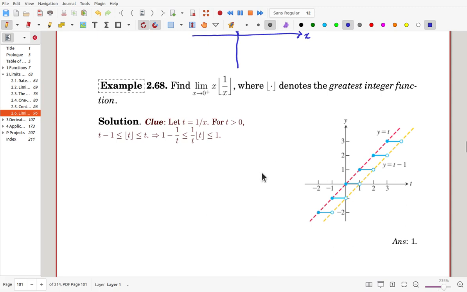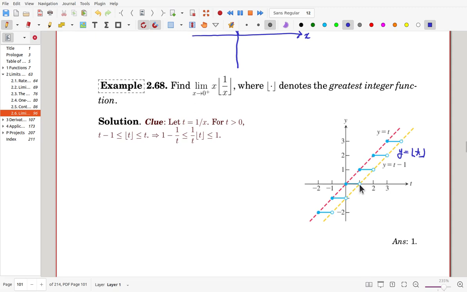This blue part is the same as y equals the greatest integer of t. Let's see some detail. Once t is between 0 and 1, the greatest integer less than or equal to t is 0, so the function value is 0.